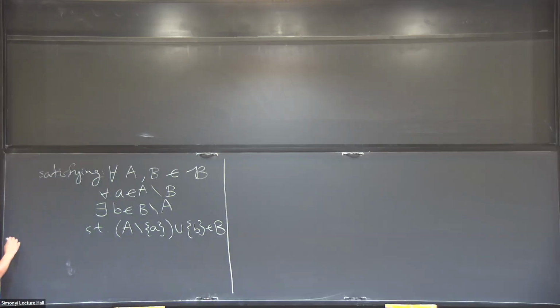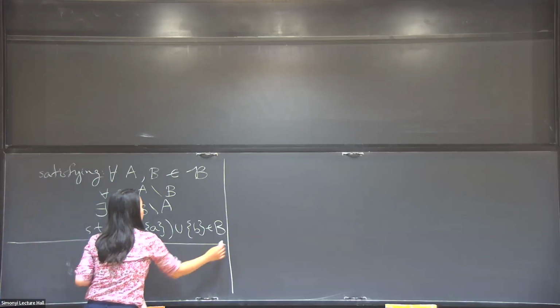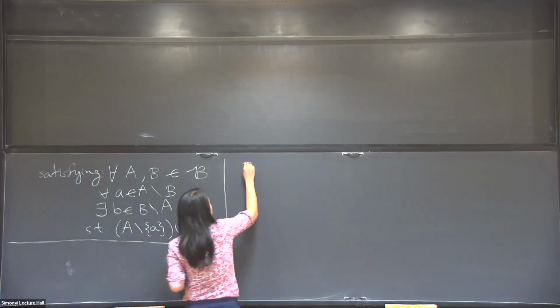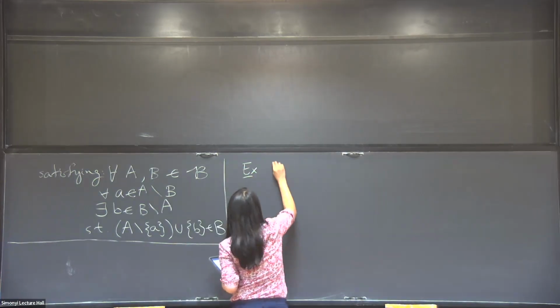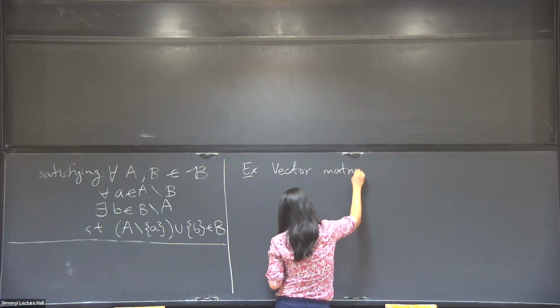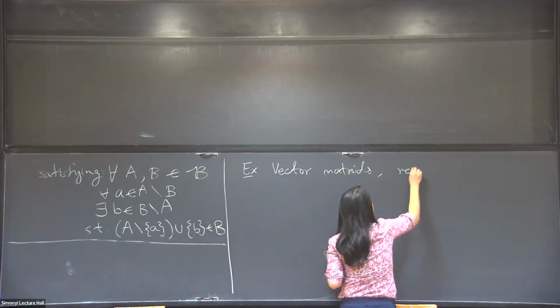This is the definition. Since I mentioned it, this was inspired by a collection of vectors, called representable matroids.